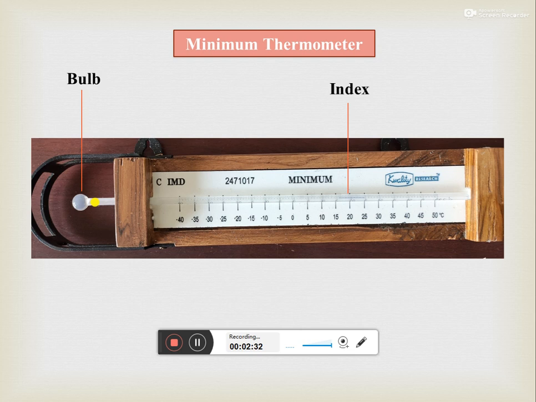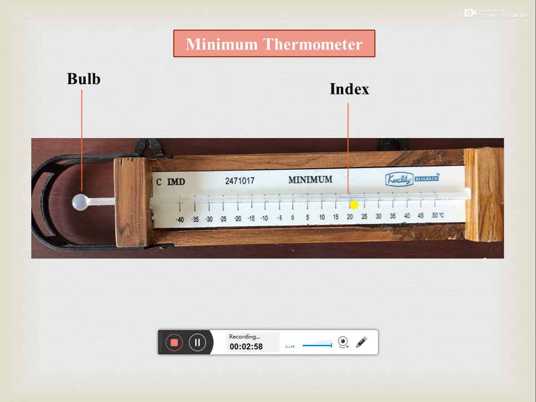If subsequently during the daytime the temperature increases, the alcohol will flow slowly and pass the index without displacing it. Thus the farthest distance of the index from the bulb is the indication of the minimum temperature of that particular period, that is for 24 hours or since the thermometer was set, for the last 24 hours.